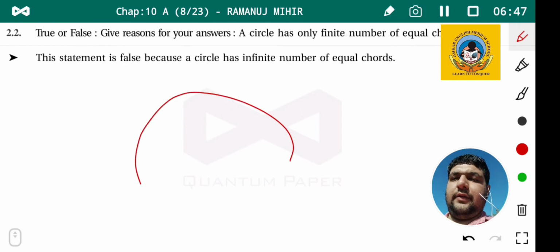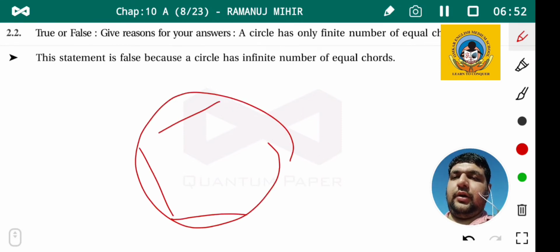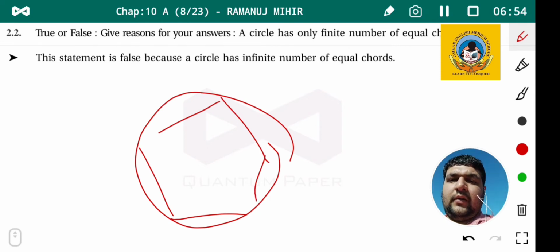See, if we have a circle, you can draw a chord here, here, here, and here. There are an infinite number of chords which are equal in size. There is no limit on the number of chords in the circle. So there are an infinite number of chords in the given circle which have equal lengths.